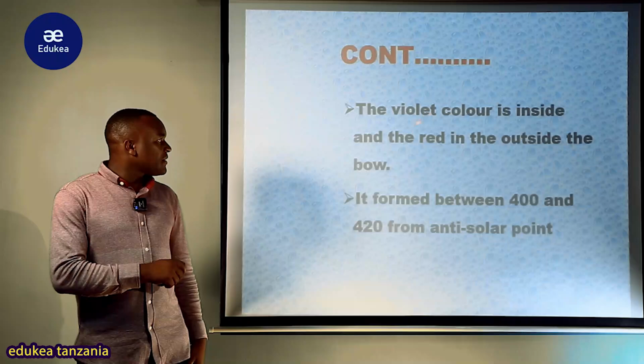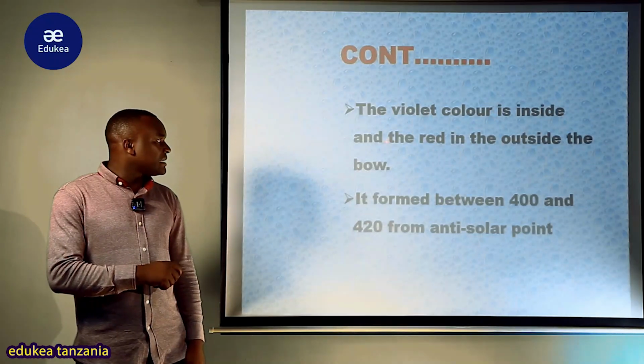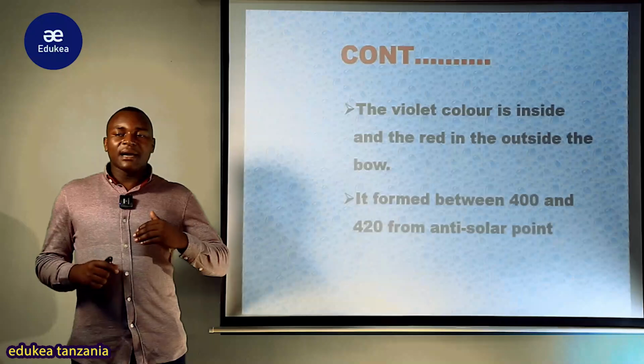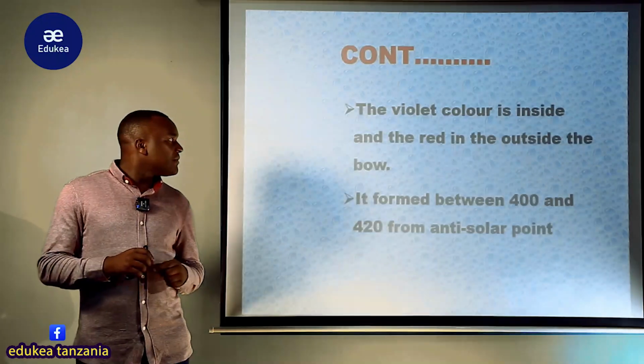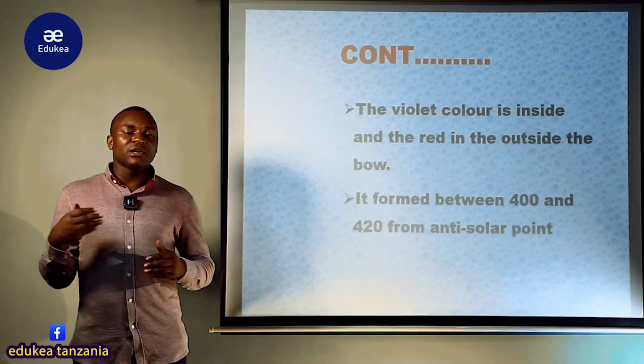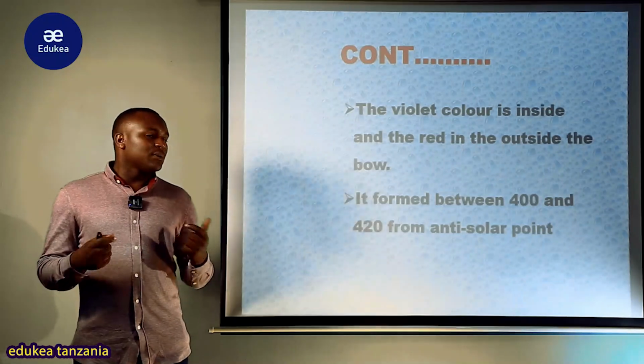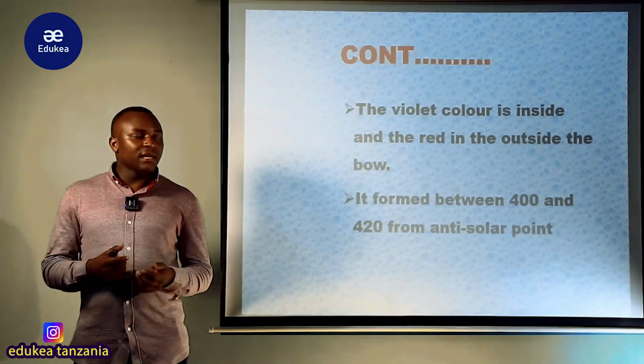But also we say the violet color is inside and the red is outside the bow. In the rainbow the violet color is inside, but the red color is outside of the rainbow.